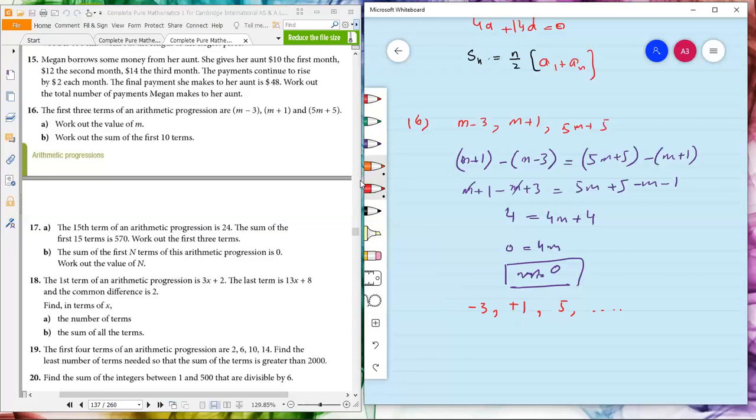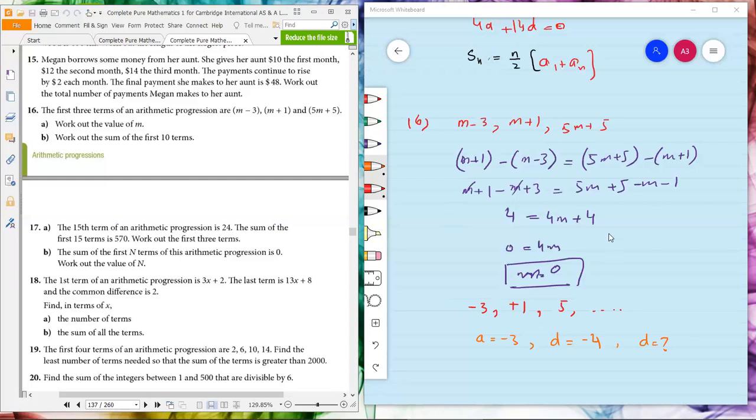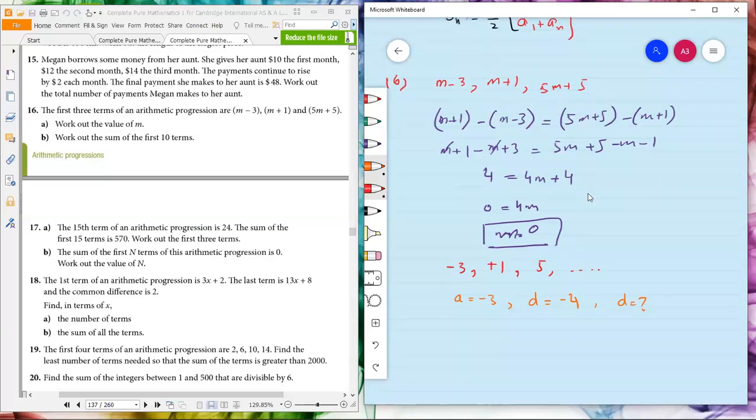Now find Sn. A is equal to minus 3 and D is equal to minus 1 minus minus 3, which would become plus 2. Sorry, I made a mistake; I always mix different words with different things.